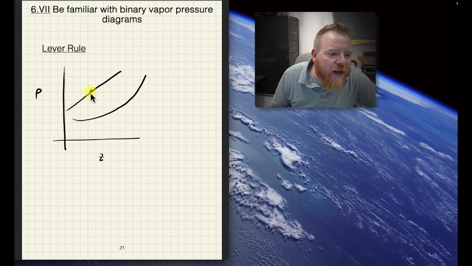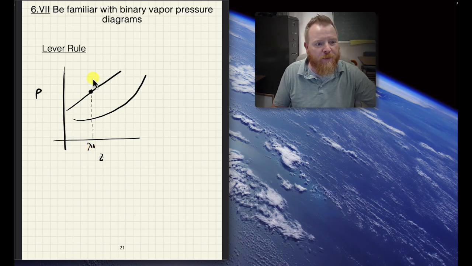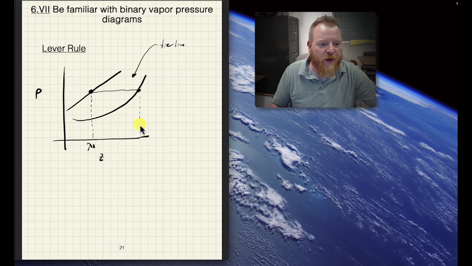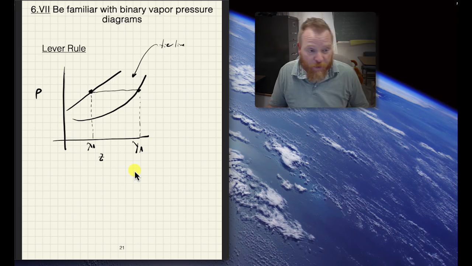But if I pick this arbitrary point, that corresponds to the liquid composition. And now the lever rule says I can draw a straight line over, which is called a tie line. And now I can drop that straight down, and that's my composition in the vapor.